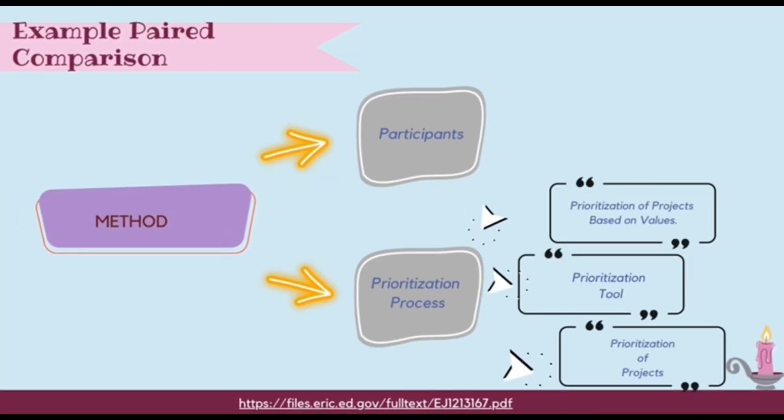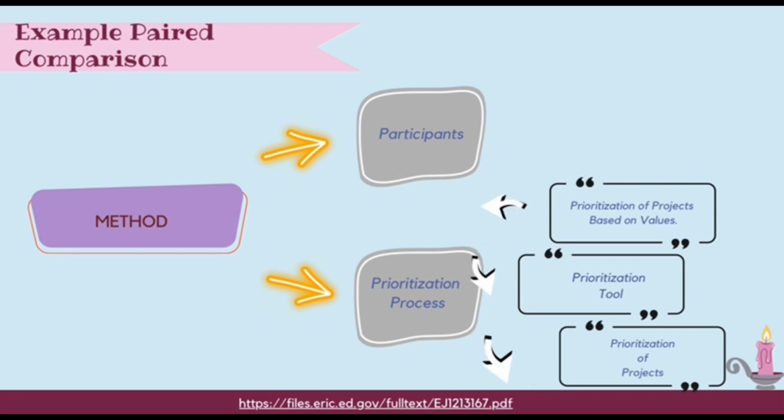We have 2 methods, for example, pair comparison: first, participants, and the second one, the prioritization process. There are 3 prioritization processes. First, prioritization based on value. The second is the prioritization tool.